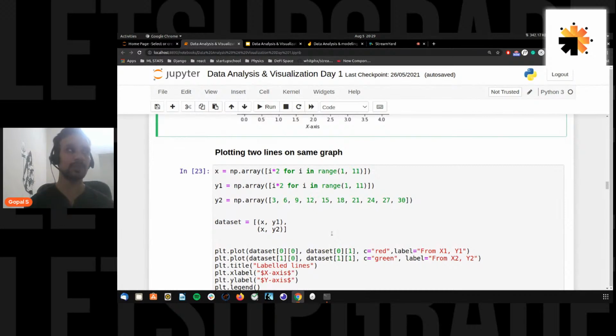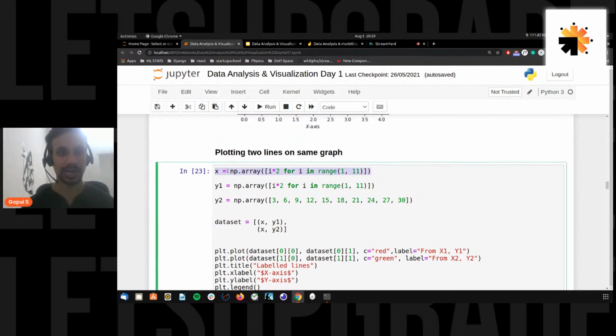Plotting two lines on the same graph, what exactly do I mean by that? We could have the same scale for the x-axis but different y values, right? That is what I did here. I have x values for this much, and I have a different value for y1 and a different value for y2. Now I am passing x for y1 and x for y2.